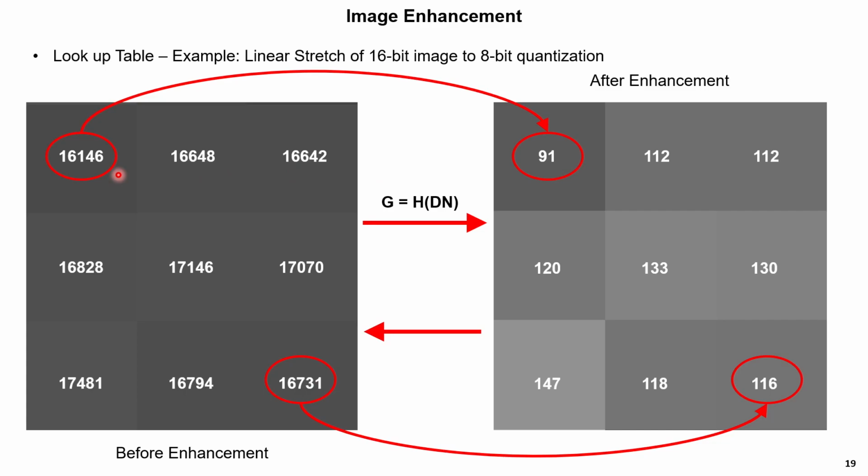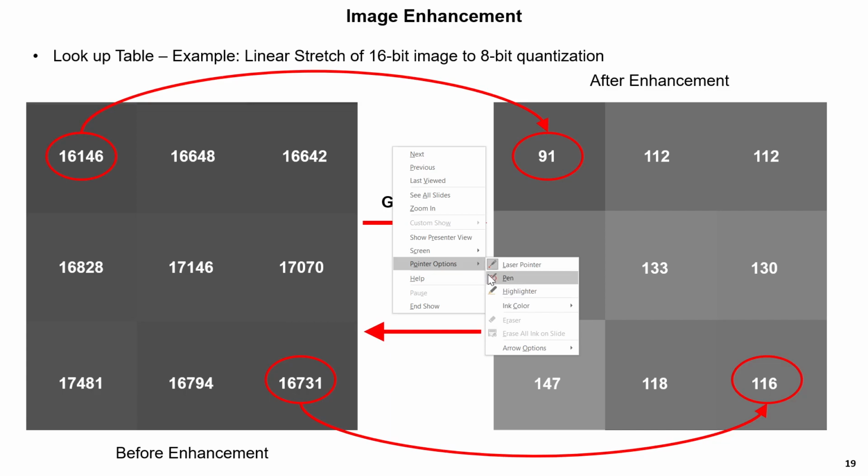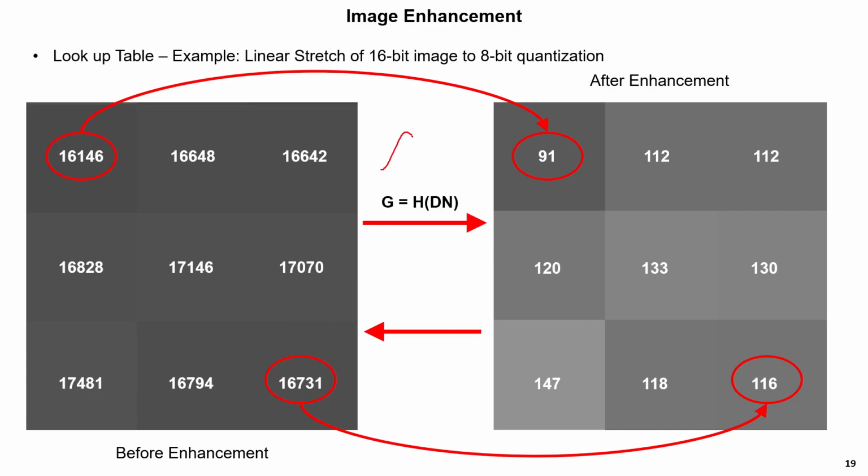So let's say your raster histogram has values between 20,000 and 60,000. Suppose this is your histogram, so this is 20,000 and this is 60,000. But here, if you see, there is a very low frequency.